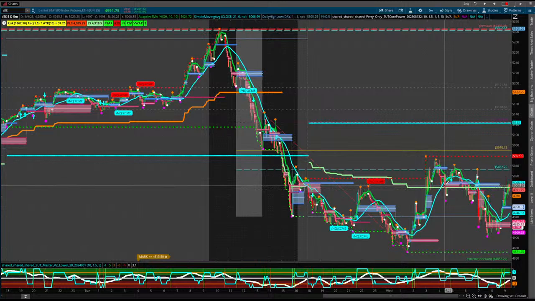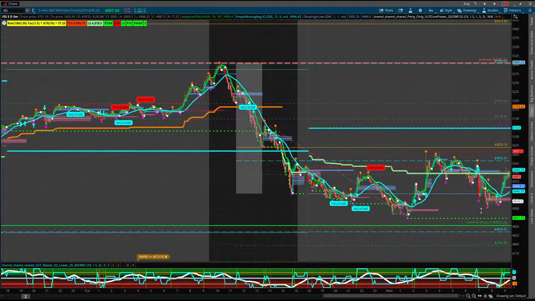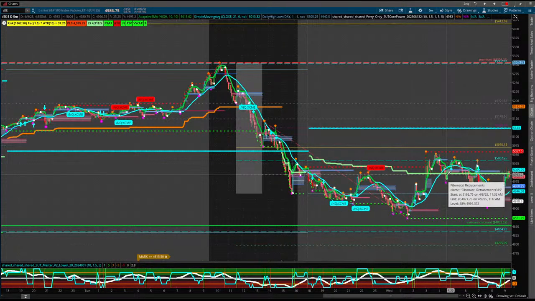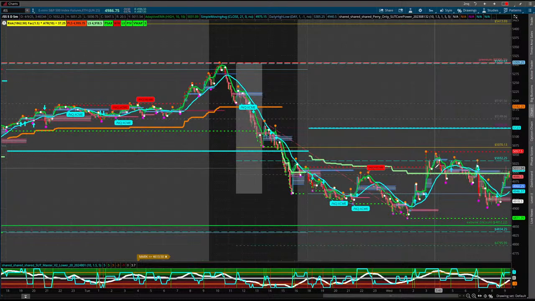As we're going to the open, we're right at that 38% retracement, which also lines up with the lower mid-quarter, this green line here. That downside target is 47.96, and 50.32 is at 50, and those are going to be the downside profit targets off of this move if we hold.